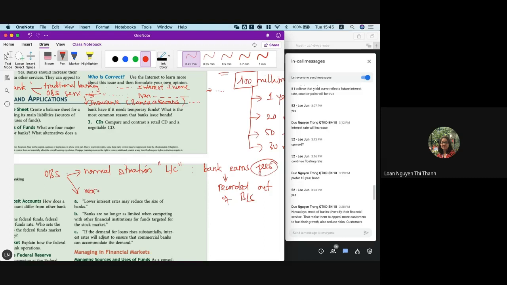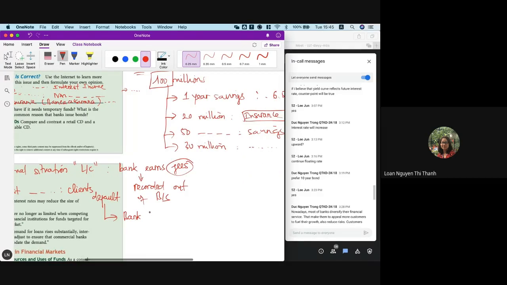But in the worst situation, if the clients of the bank default, the bank has to pay. The bank is obligated to pay or settle the contract. So the expenses here now will be recorded on the balance sheet. Okay. It is from the contingent liability.